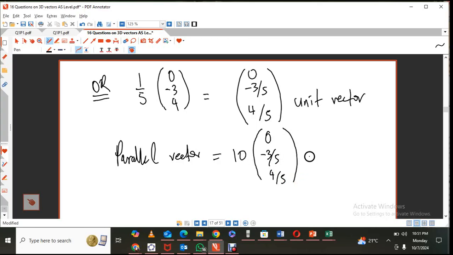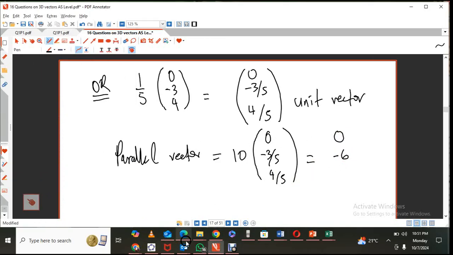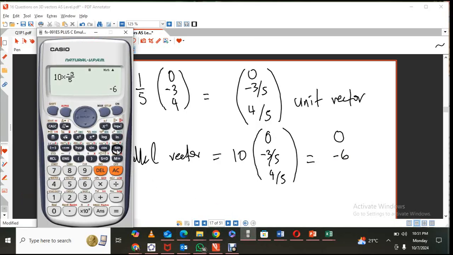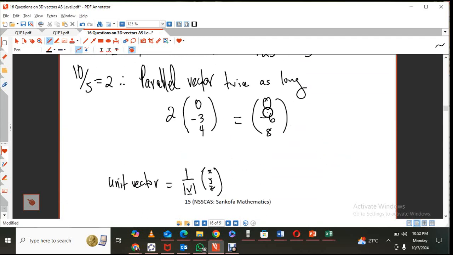Surely you can see 10 times that is 0, 10 times negative 3 over 5, so just grab a calculator, 10 times negative 3 over 5. You're going to get negative 6 here. And then going back to my calculator, 10 times 4 over 5, and that's 8. And surely this is the same answer as what I had before, which is over here.